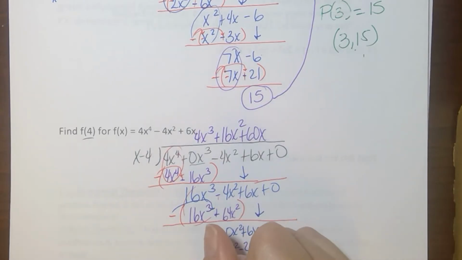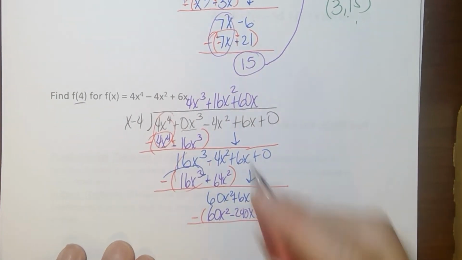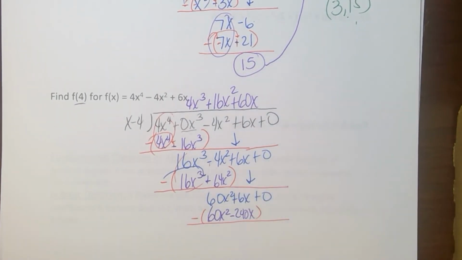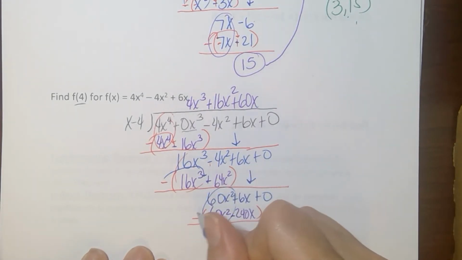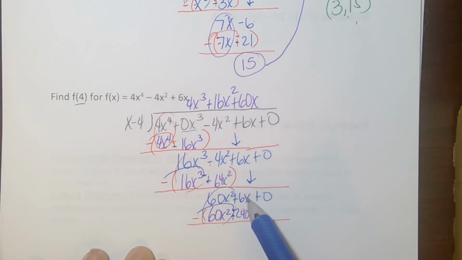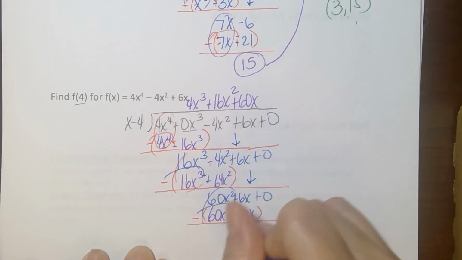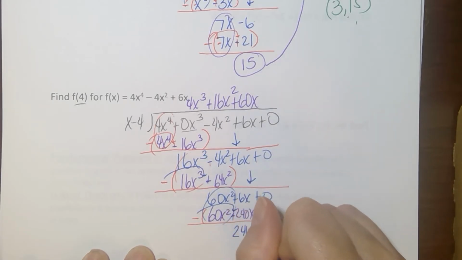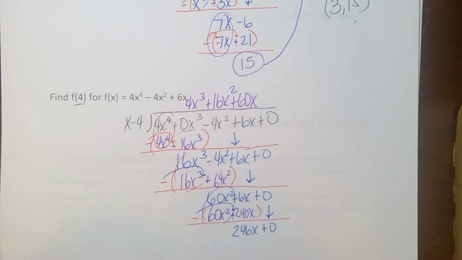And once I've multiplied, I always subtract everything out. So it changes the sign on those terms. This becomes negative. That means those are going to add to 0 just like always. This becomes positive. So I have a positive 6 and a positive 240 for a positive 246x. And I bring down that plus 0.